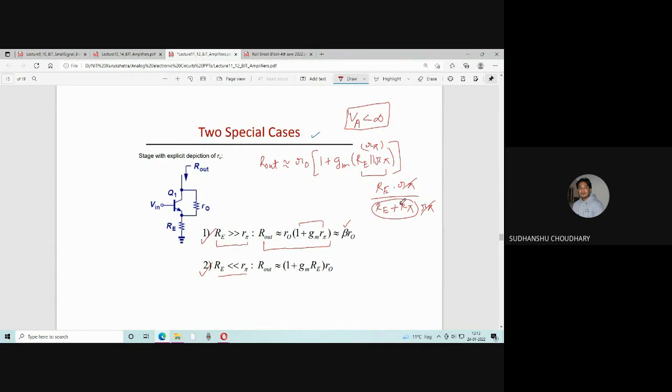R pi goes off, and we are left with only Re. So it is 1 plus Gm Re, multiplied by R naught.